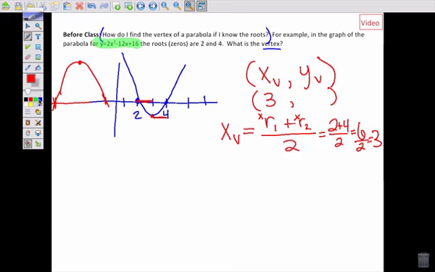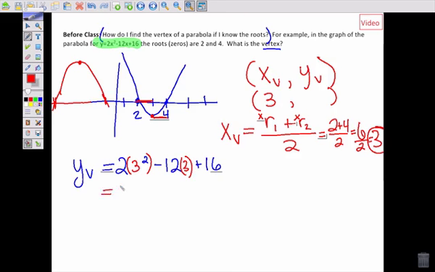So I'm going to color coordinate here. So our y of the vertex is going to be 2x squared minus 12x plus 16. So if I put in my x there, we know that x is 3. So this is going to be 2 times 3 squared minus 12 times 3 plus 16.